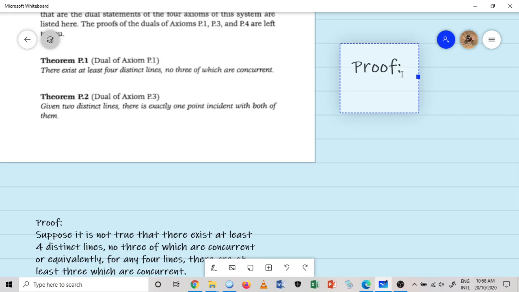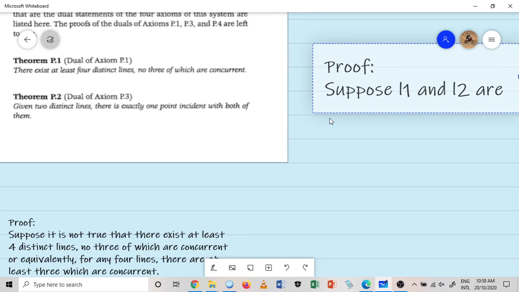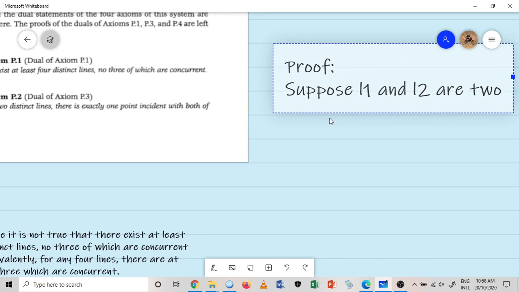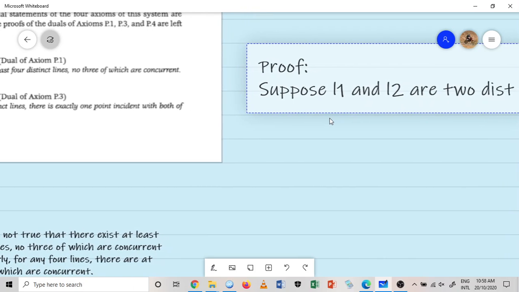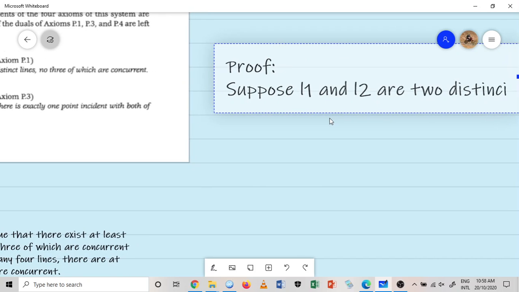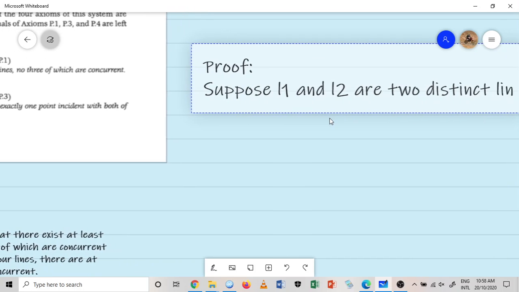So we see here that given 2 distinct lines, there should be 2 distinct lines. So suppose L1 and L2 are 2 distinct lines.